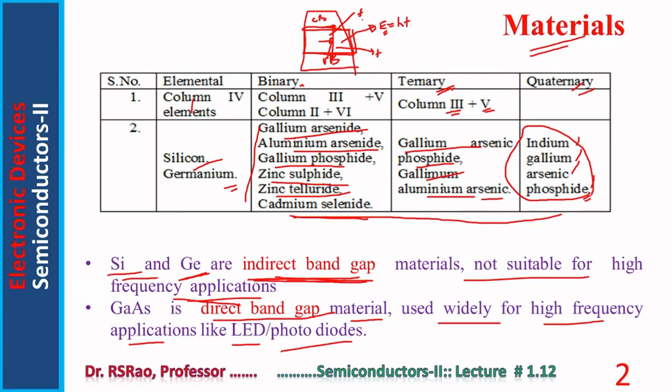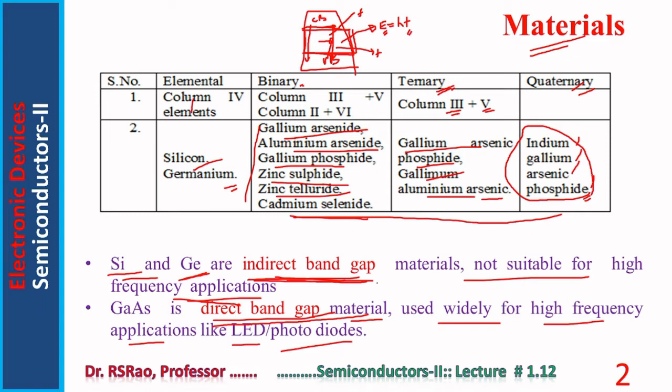In direct band gap materials, the fall of the electron from CB to VB is direct. So the energy released, of course, is equal to the band gap energy. It is large. Naturally, the frequency also is large.